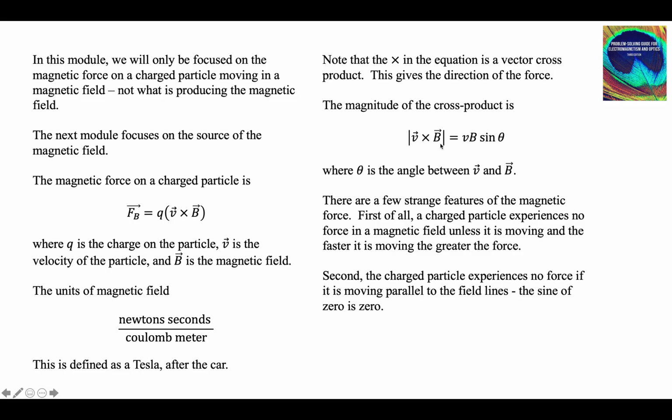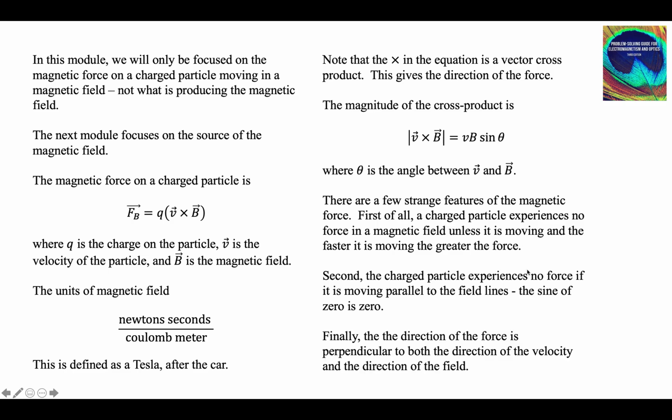If V and B are in the same direction or 180 degrees apart, sine of that is 0. Finally, the direction of the force is perpendicular to both the velocity and the direction of the field. The force isn't along the field, it's perpendicular to the field.